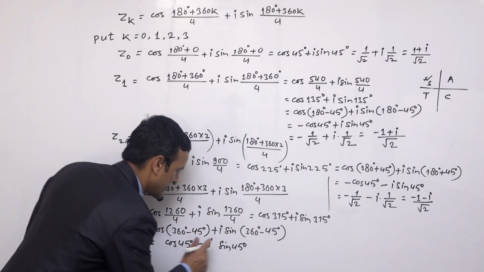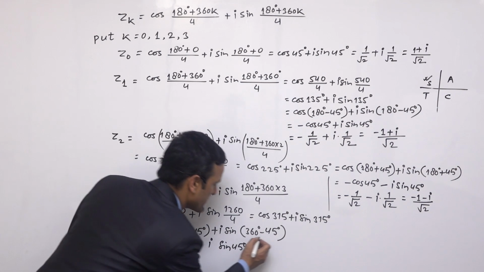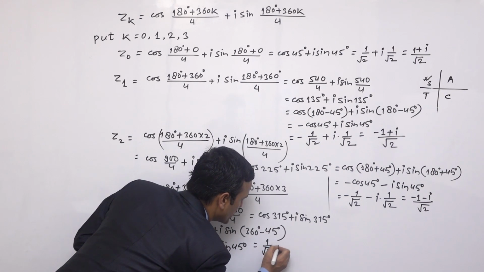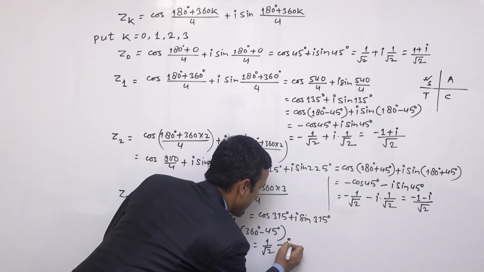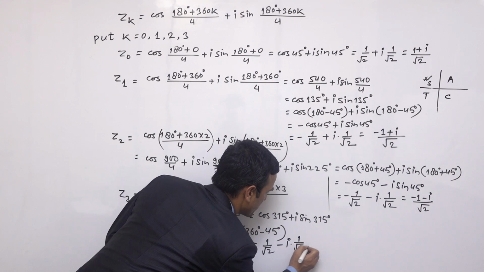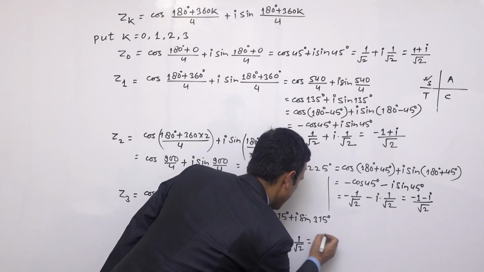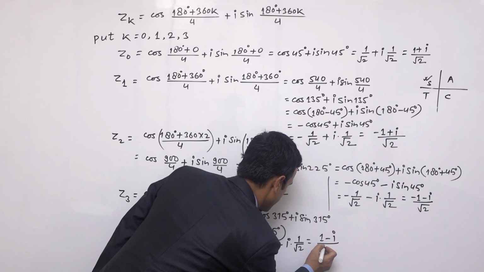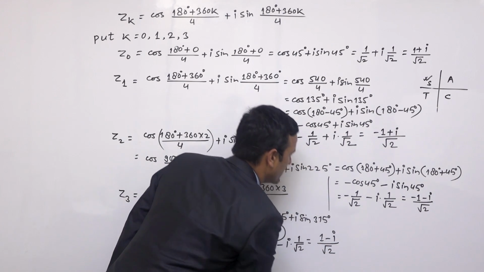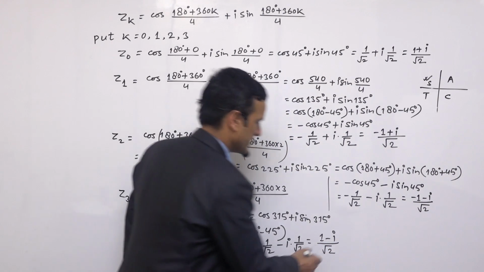That's why I write down the minus sign. Now cos 45 means 1 upon root 2, and minus i sin 45 means 1 upon root 2. If you take the LCM, then it will be (1 minus i) over root 2. So these are the solutions.